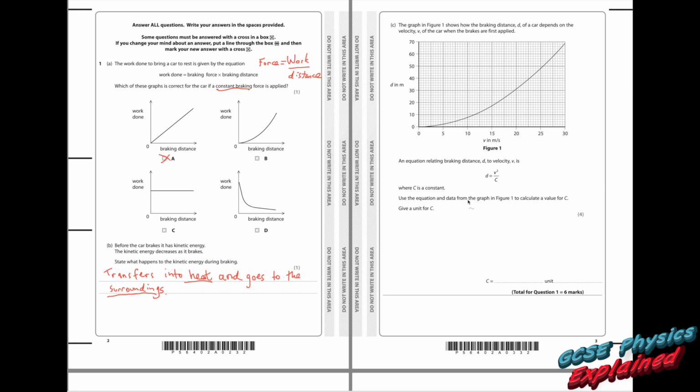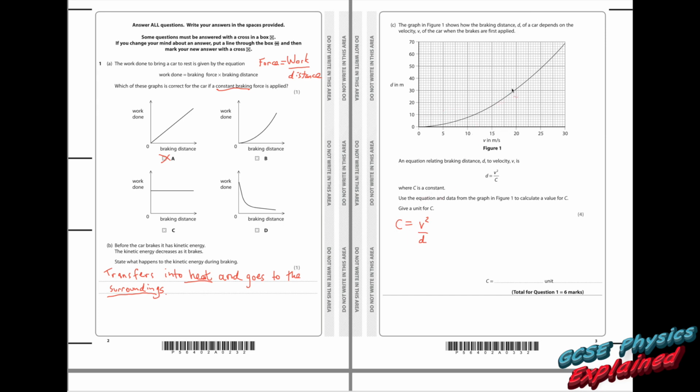Use the equation and data from the graph in figure 1 to calculate a value for c and give a unit for c. These questions often come up. We need to rearrange this equation to make c our target. And we've got to prove that c is a constant.